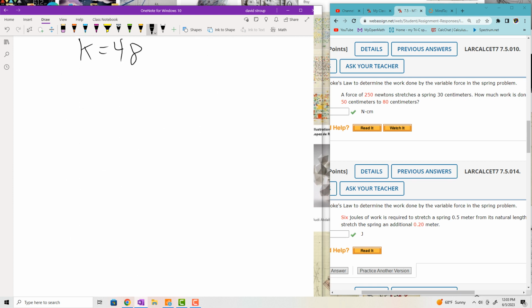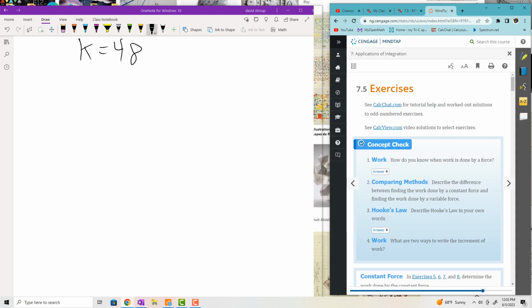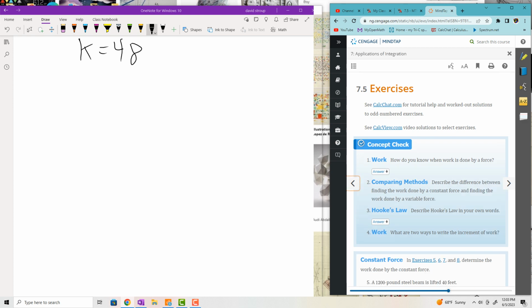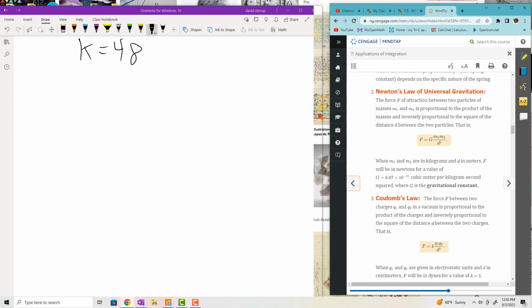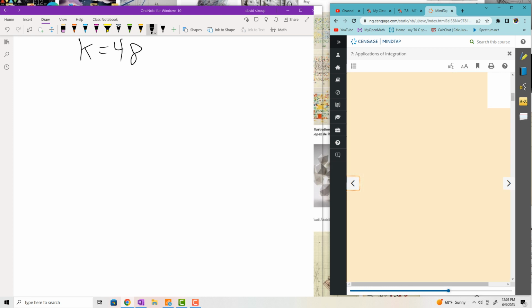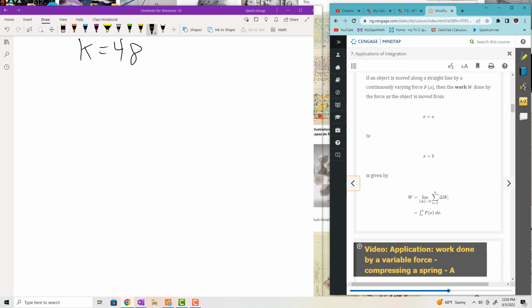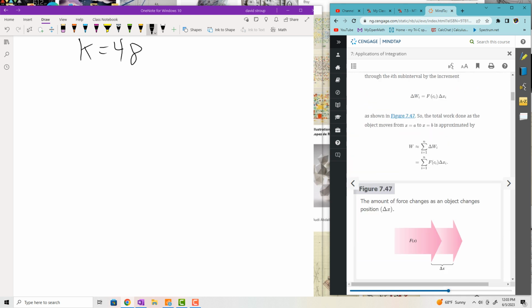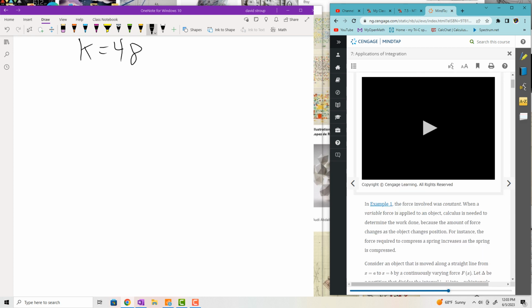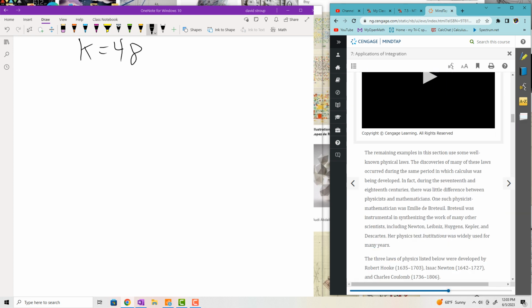Let's move on now to the next one, the launch problem. So this problem, we're thinking about launching a spaceship off the surface of the planet. They give you all the formulas in the book that you would need, and I can't find it.